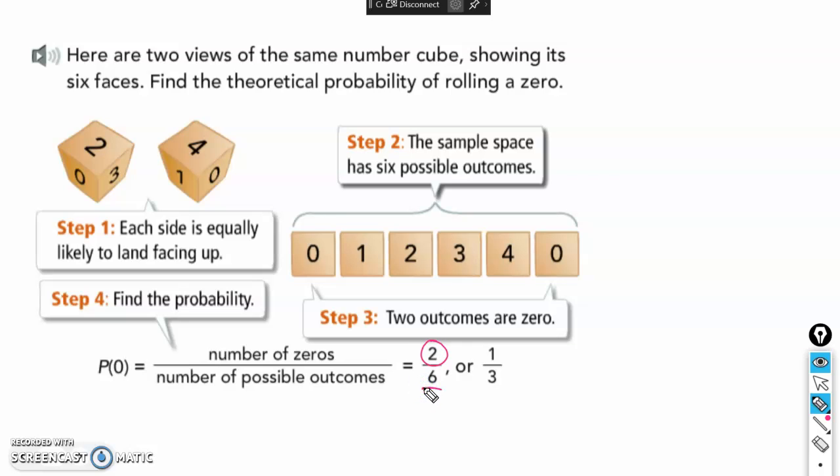Again, the sample space has 1, 2, 3, 4, 5, 6 possible outcomes. That's our denominator. Out of those 6 possible outcomes, 2 of them are 0, so 2 out of 6, or 1/3, is the probability of rolling a 0 on the number cube.